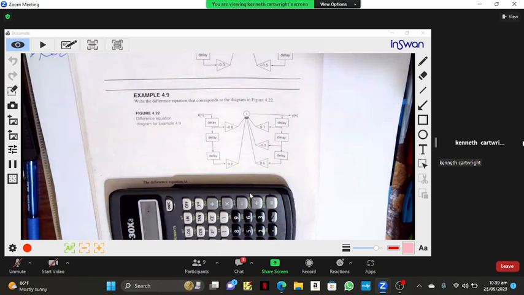Just look at the diagram. Yes, Mr. Johnson, that's right.